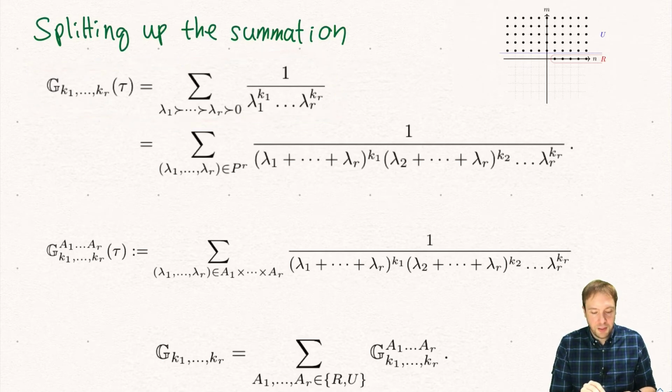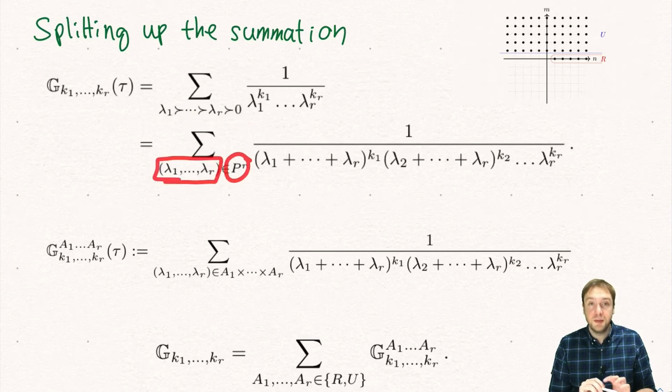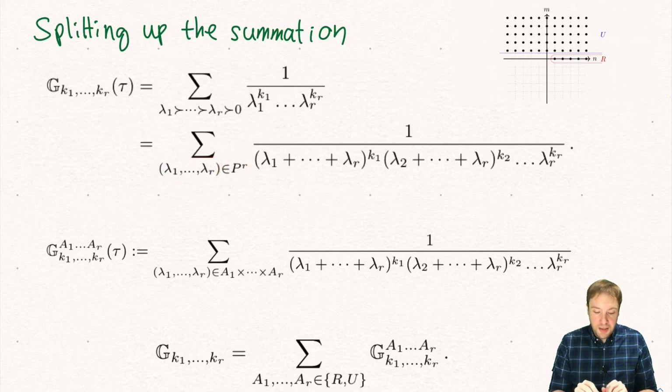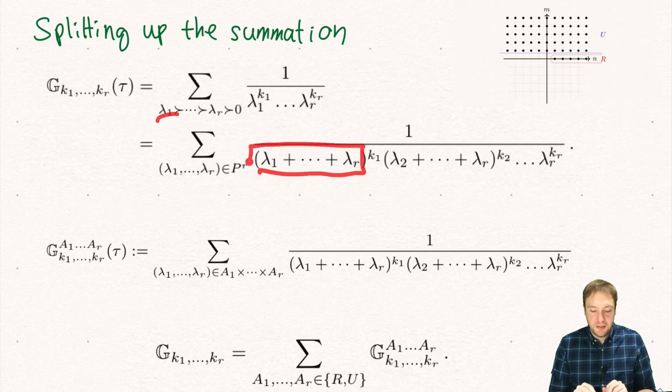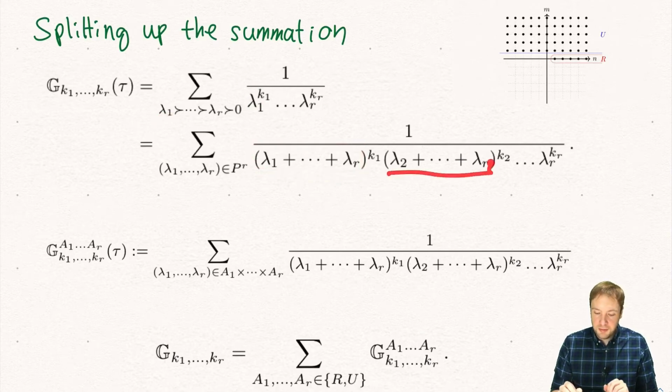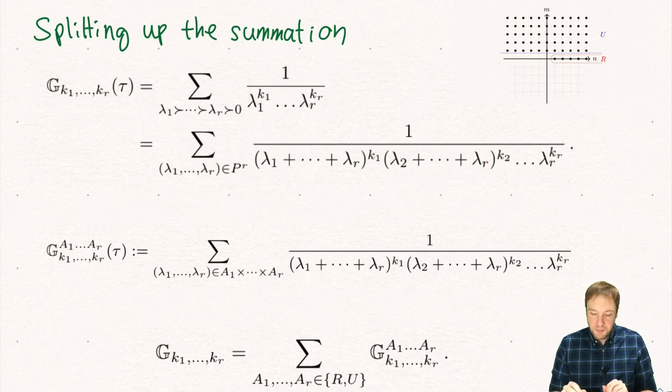So this was defined by taking an ordered sum, lambda 1 greater lambda 2, and so on. But instead of taking an ordered sum, I can also say I take the sum over all tuples, which are in the set of positive lattice points. And instead of saying that lambda 1 here is the largest, I just say here I take the sum of all these lattice points. And then here, I replace this lambda 2 by this term here, lambda 2 up to lambda r.